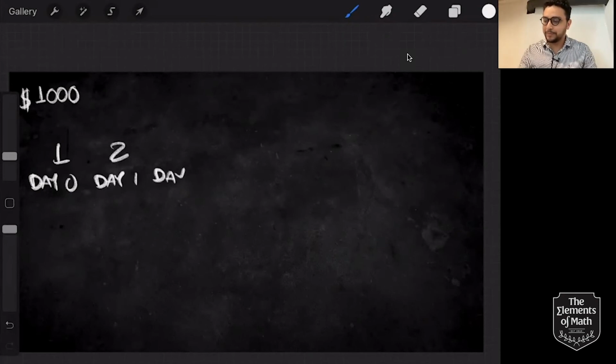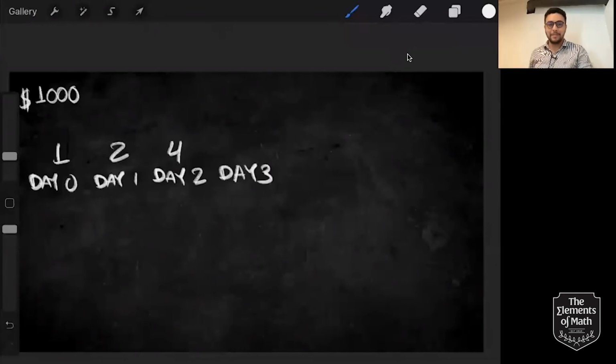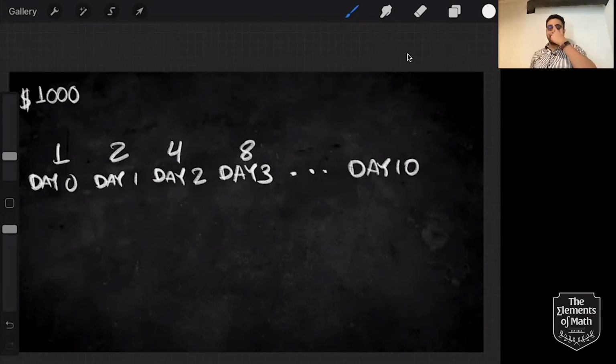Day 2 I double the previous day and give you 4. Day 3 I double this 4, so I give you 8, and I keep doing this for 10 days, and you keep what I had previously given.